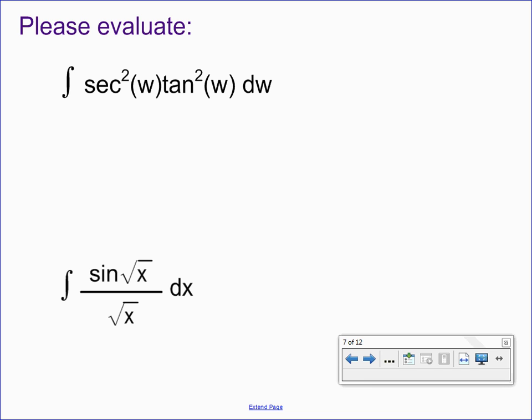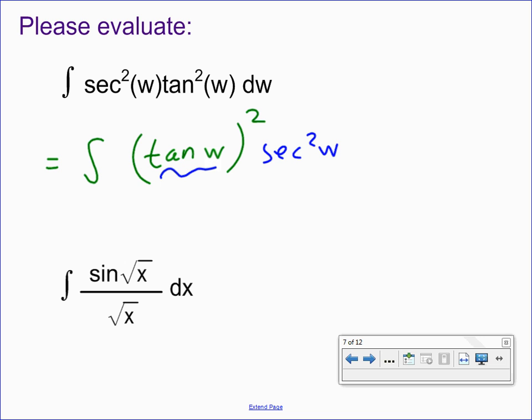And so overall, if we're thinking of tangent of w all squared as my main power function, then we need the derivative of this base, tangent of w, in order to use the power rule in integrating. And the derivative of that base is the secant squared w dw.